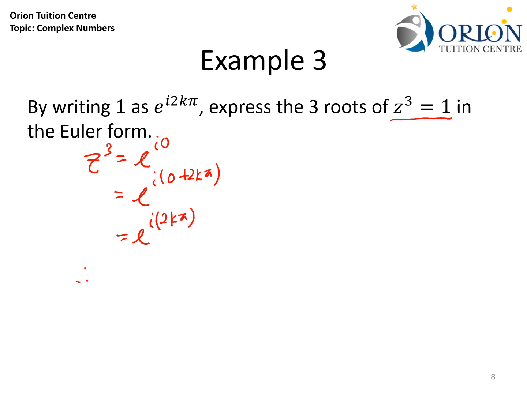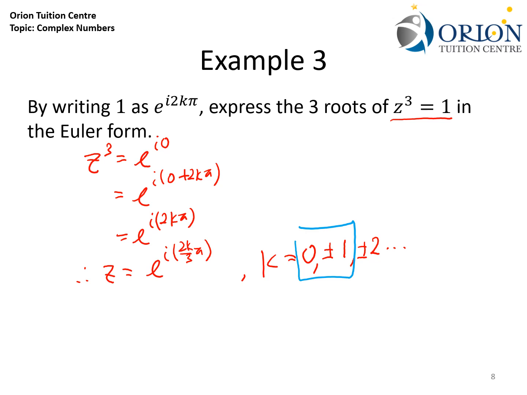Therefore, z is going to be equal to e to the power of i 2k over 3 times pi, and k will be equal to 0, plus minus 1, plus minus 2, and so on. But we just need to pick the appropriate number of roots to represent all the roots. In this case, we need 3 of them, and they will come from 0 and plus minus 1.